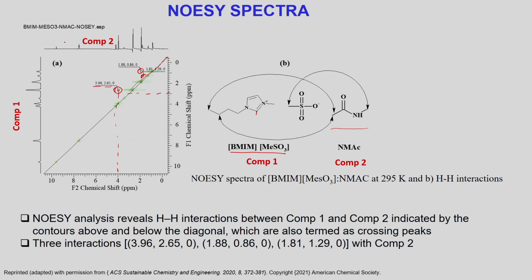What do we see from this? If you connect these dots, this is interacting with this particular group, and the one which is here is interacting with this particular group. So, it reveals the HH interaction between component 1 and component 2, indicated by the contours above and below the diagonal. These are called cross peaks. So, 3 interactions are possible with component 2.